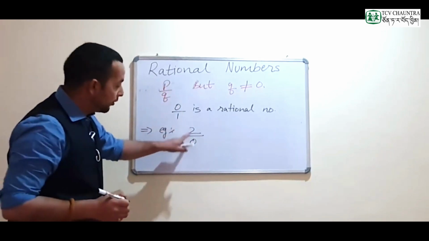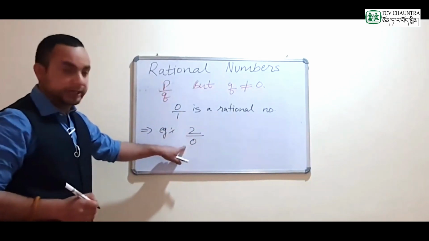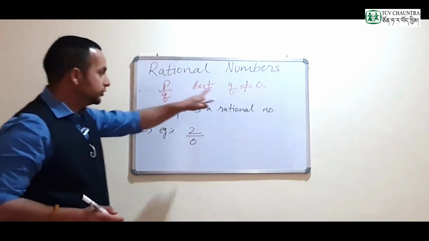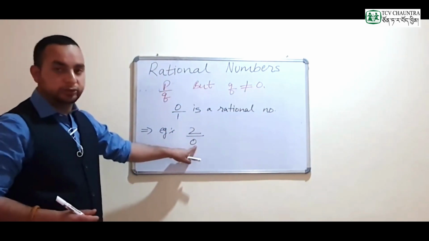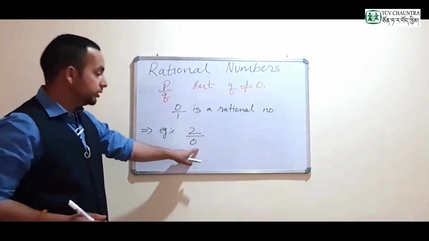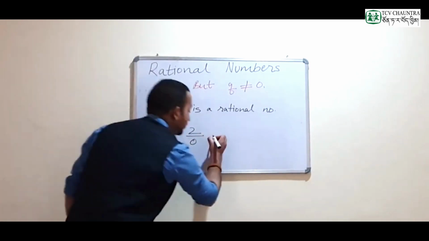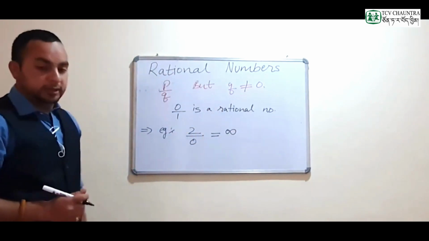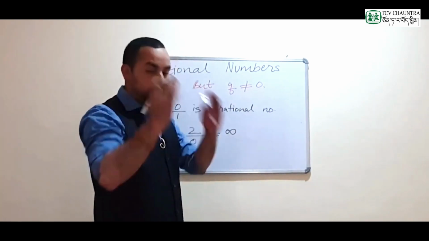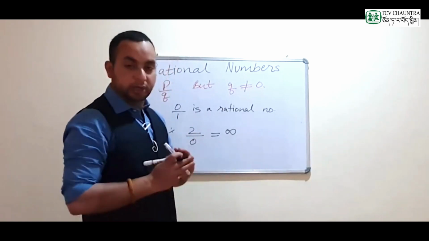This is in the form of p by q, but according to the definition your q should not be 0, and here your denominator is 0, which means it is not correct. Your answer will always be not defined. So that's why you have to remember one thing: your denominator should not be 0.